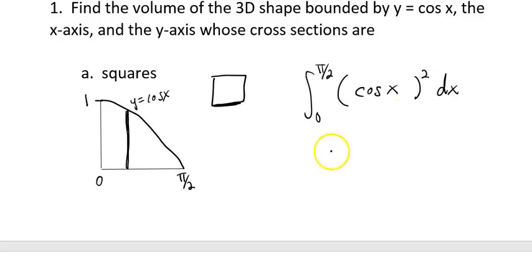Now you can use your calculator, math number 9, to calculate that area, which becomes a volume because we're summing up our areas, and get 0.785. We didn't have units here, but whatever the units would be, they would be cubed units because we did find a volume.